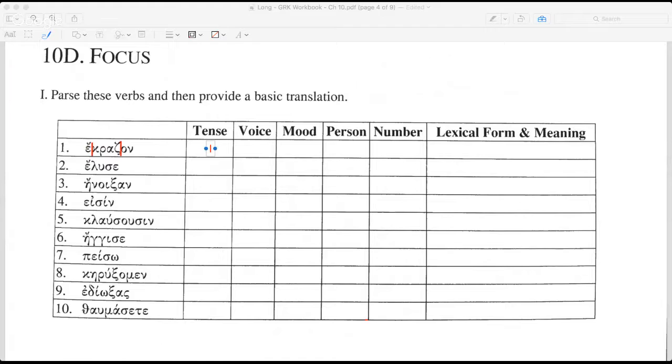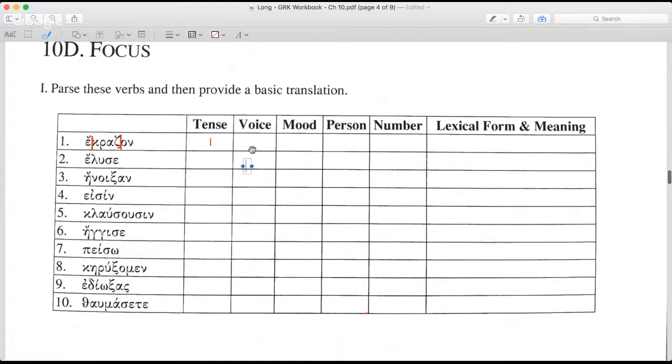You see how we got there? If you're using that chart, you find your type 2, look at what your type 2 options are, and then look to the front, and that'll help narrow it down even further. So this is an imperfect tense. What's my voice if it's a type 2 ending? Active, indeed.